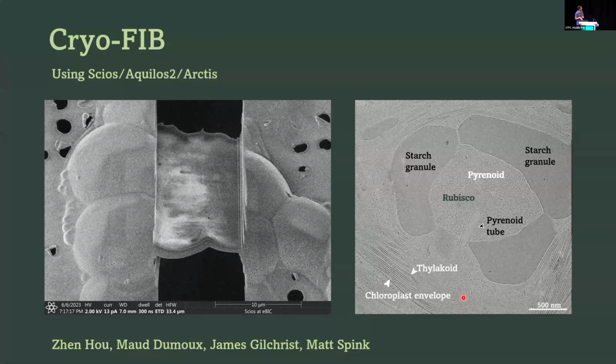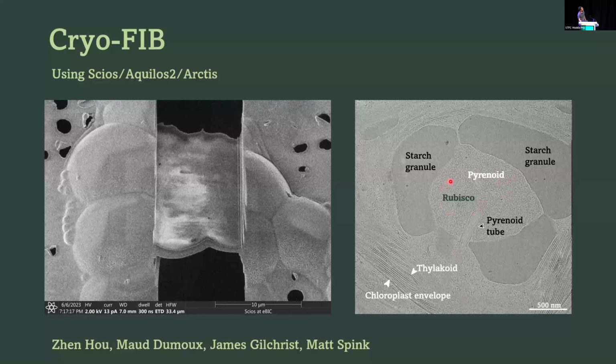And then we could get some time from Pejun's lab on the Aquilos for more automated milling, and also Mod helped us with milling on the Arctic. So we got enough lamellae, and then we did the cryo-ET.